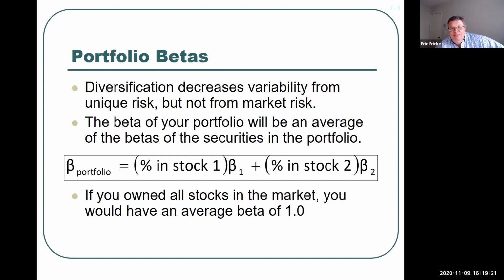A beta of 1.0 is basically the base market risk, which makes it pretty easy to get, at least conceptually.